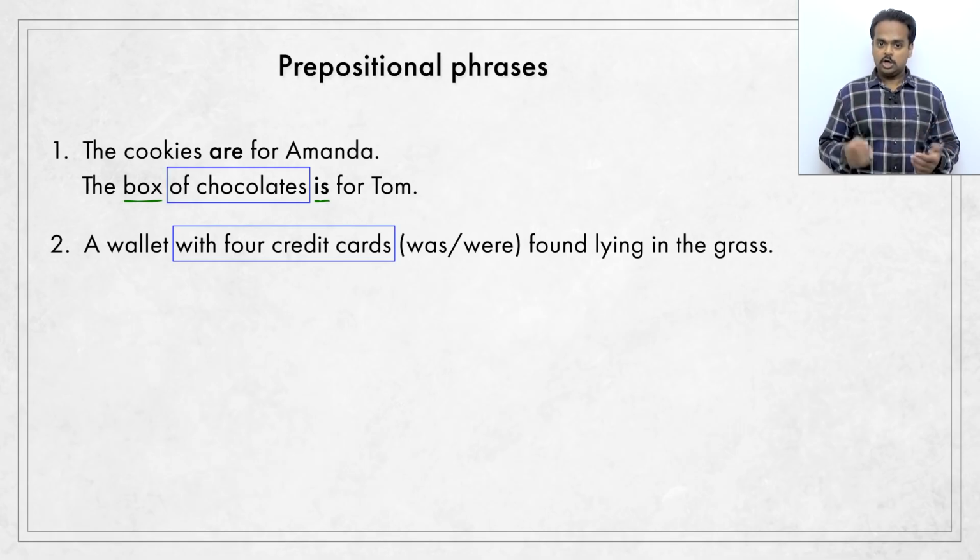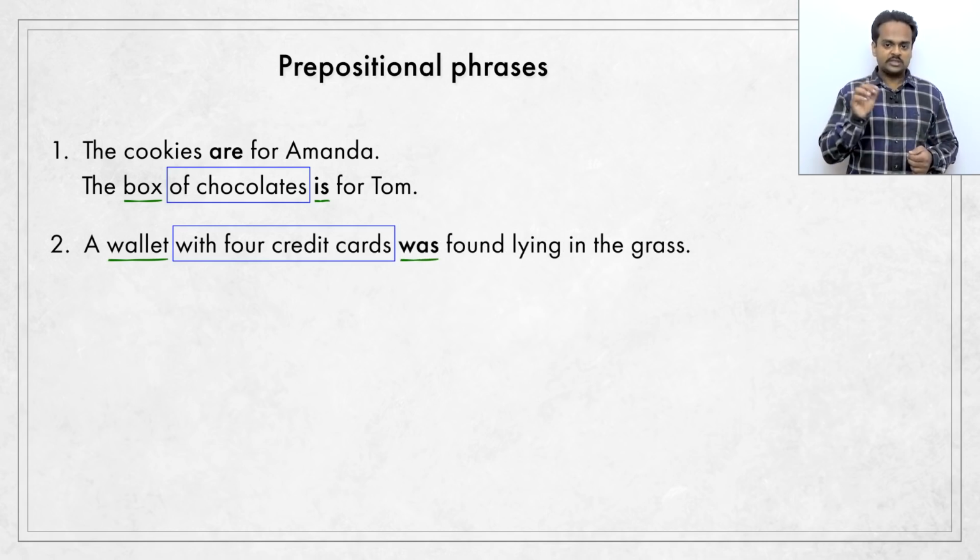It was the wallet. So wallet is the subject of the sentence. The credit cards are not the subject. Wallet is a singular noun, so a wallet with 4 credit cards was found lying in the grass. If the sentence was just about credit cards, we might say 4 credit cards were found lying in the grass. But here, since the real subject is wallet, we say was.